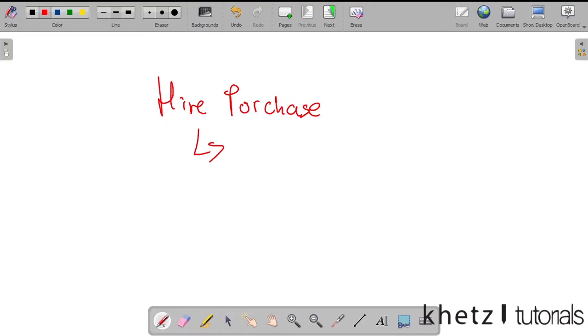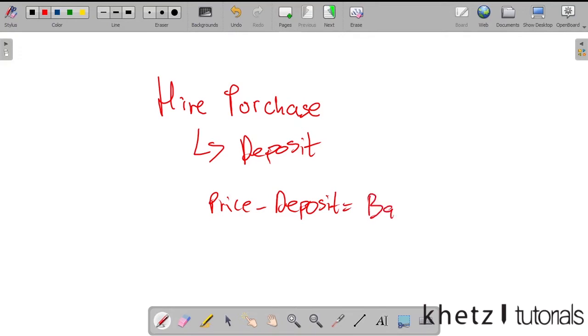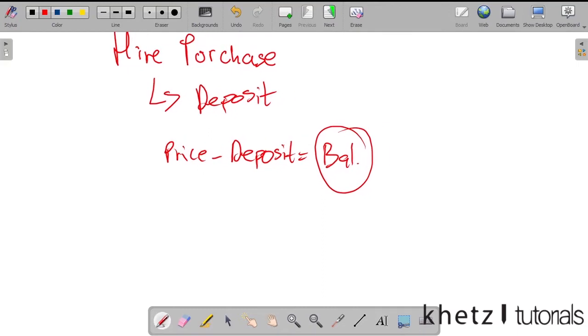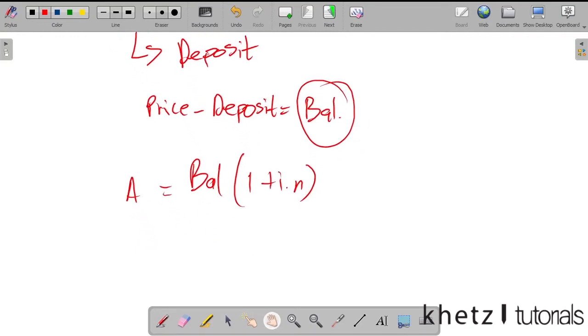So you first pay a deposit, then the price of the item minus that deposit leaves you with a balance to pay. Now this balance has an interest associated with it, which means you use the simple interest formula to find the actual amount that you're supposed to pay.